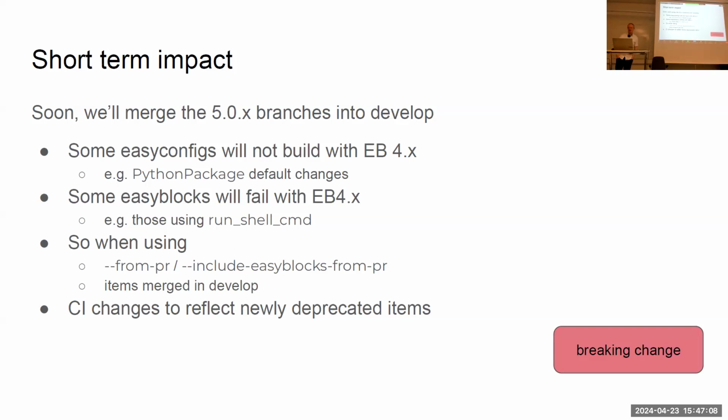I think the answer is it's a fairly short period between collapsing the branches and we need to get EasyBuild 5 out as soon as possible. But there will be a period where it's painful. And especially for people who want to stick to an EasyBuild 4 version for whatever reason, if they also want to keep using --from-pr with that version, that's going to be pretty much impossible.